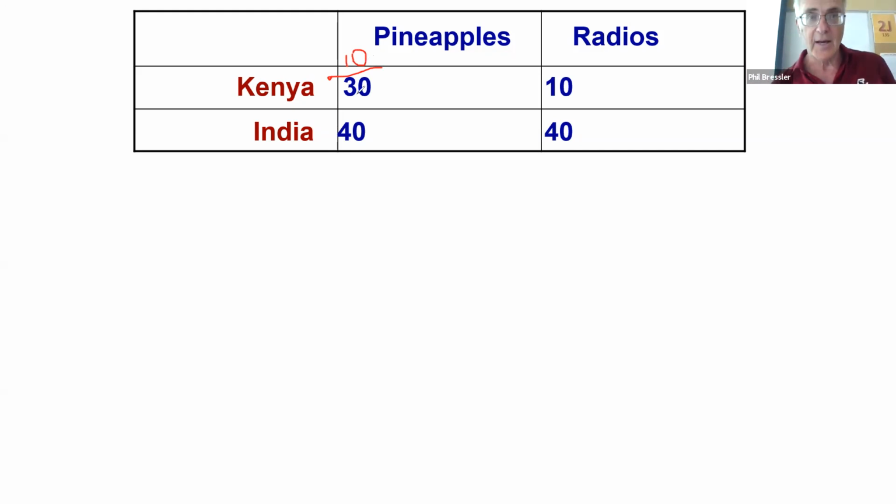India for pineapples is the other, radios, over the pineapples. That's going to be 40 over 40. Now, remember, we said you're going to produce at the lowest opportunity cost. So Kenya is going to produce pineapples. Why? Because it's cheaper for them to do it, 1/3 to 1. Any questions so far?